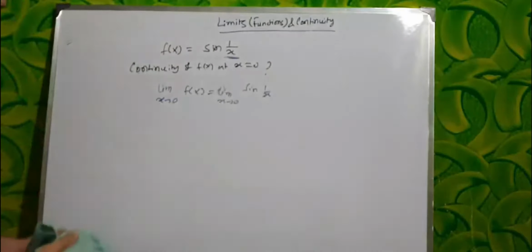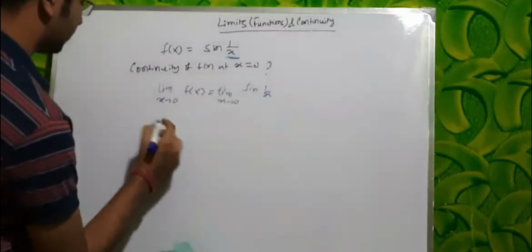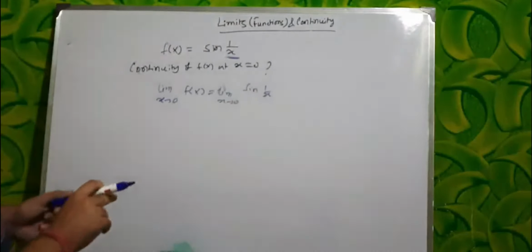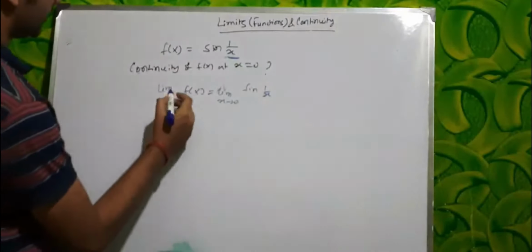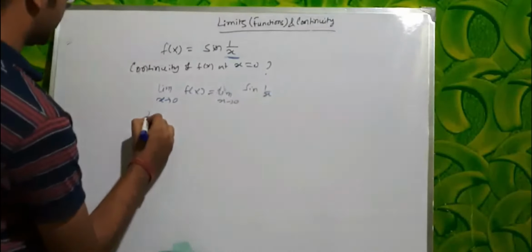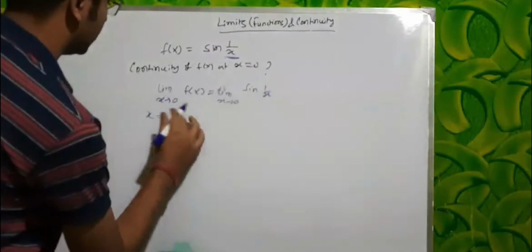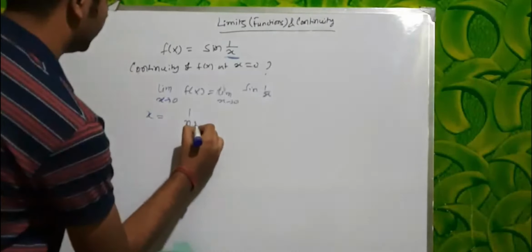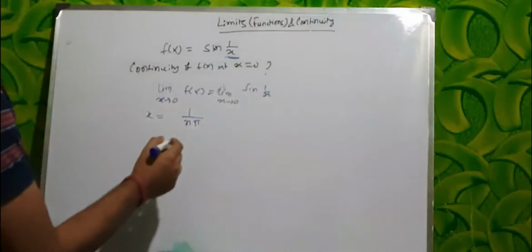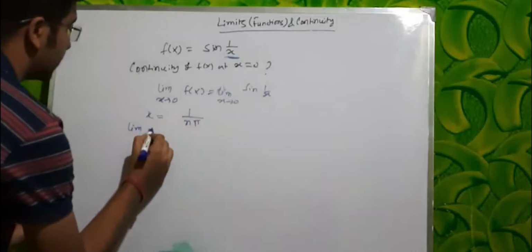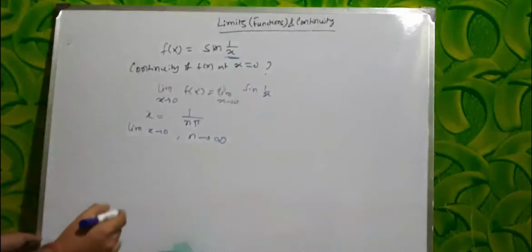But let's just see. So what we can do here is, let's say x equals 1 over n pi. So when we say limit x tends to 0, naturally this implies n tends to infinity.